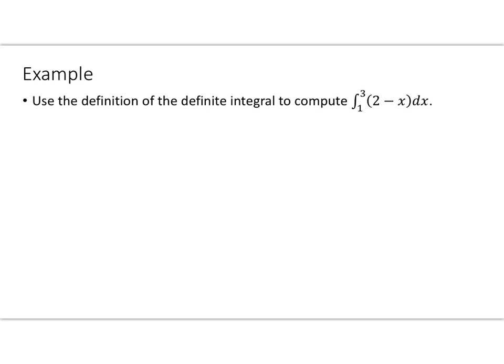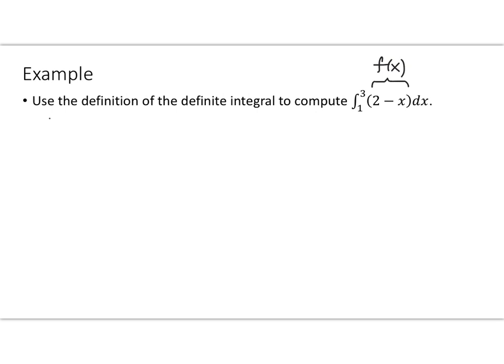Well, let's do a specific example now of a definite integral, where here we're going to use the limit definition of the definite integral to compute the value of this integral from 1 to 3 of 2 minus x dx. So we're going to let f of x denote 2 minus x in this computation.